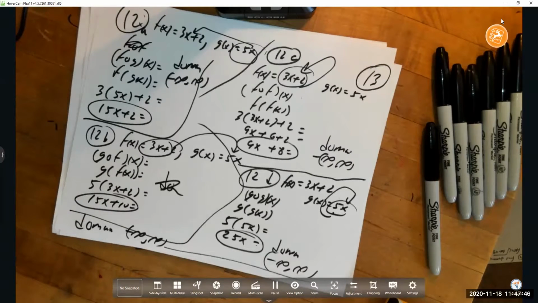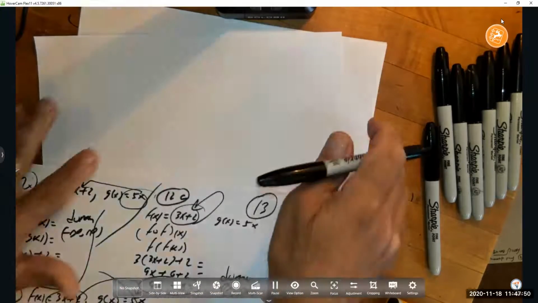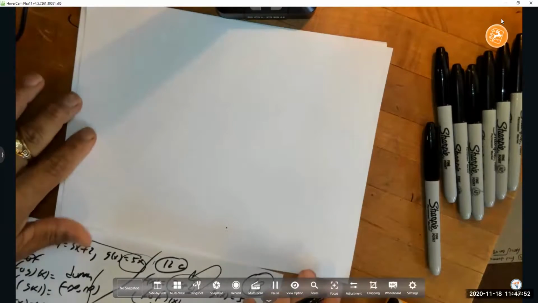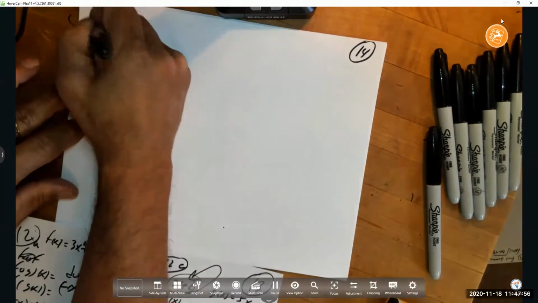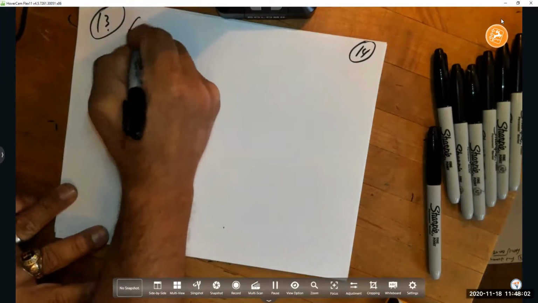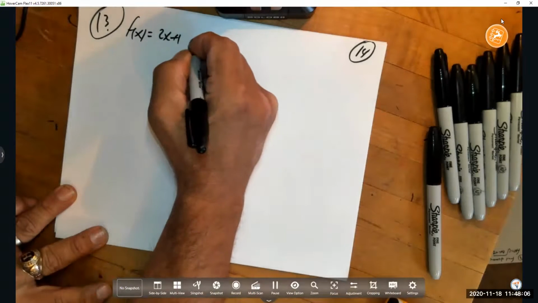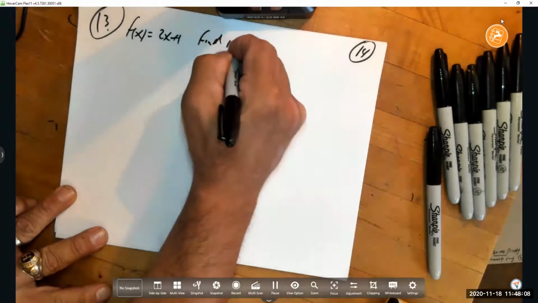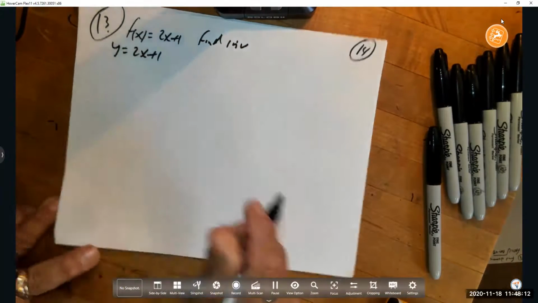All right. Get in there, man. 14. This will be number 13. Question 13 says f of x is 2x plus 1. Let's find the inverse. Okay, so y equals 2x plus 1.